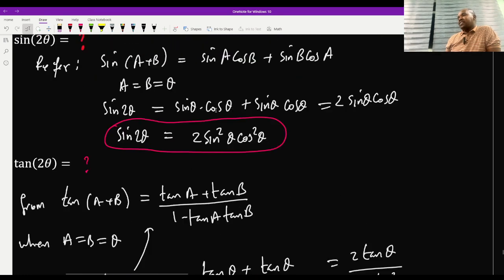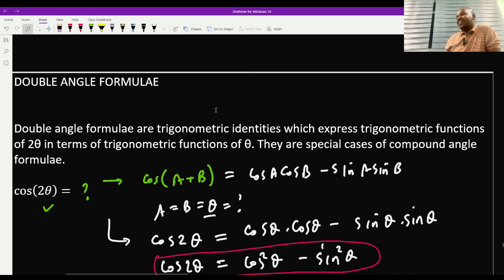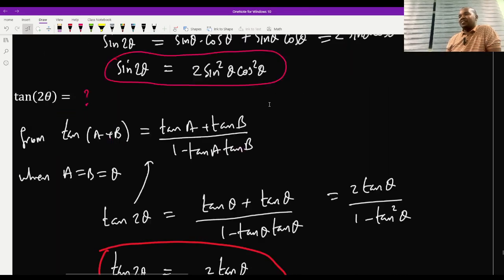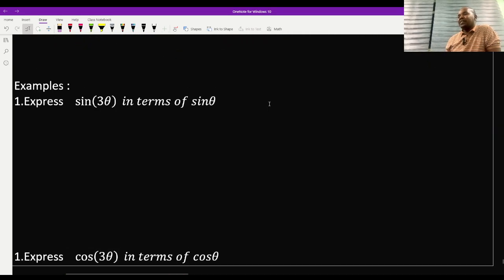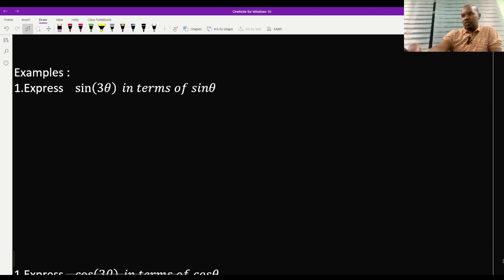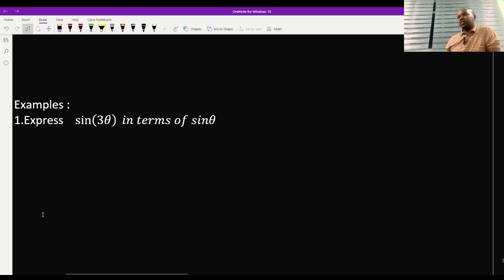So after all these abstract informations and derivations, let us dive into some questions. The first question: express sine 3 theta in terms of sine theta. So first of all, we'll say solution.